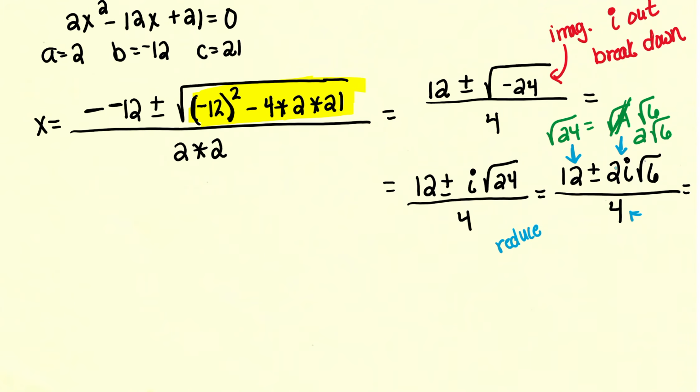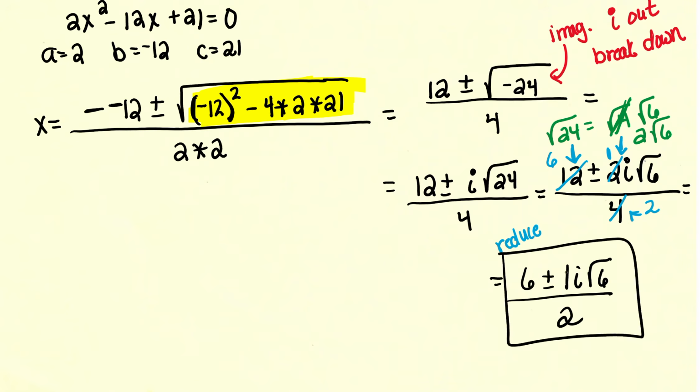So I'm going to say 2 into 12 six times, 2 into 2 once, and 2 into 4 twice. You have to be in all 3 or you can't do it. So 6 plus or minus 1i, square root of 6 over 2. The 1i is optional. You could just say i if you want to.